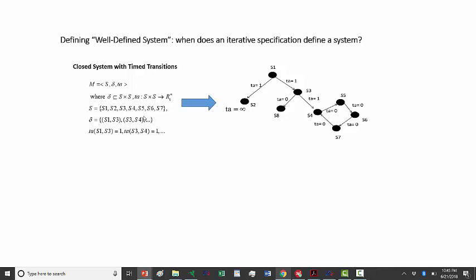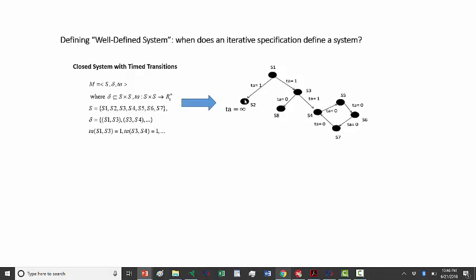This would be the resultant of a coupled model, where each of the states we're seeing here is actually a state vector, which is an element of the cross product of states of the components. So it's not as simple as it looks here.